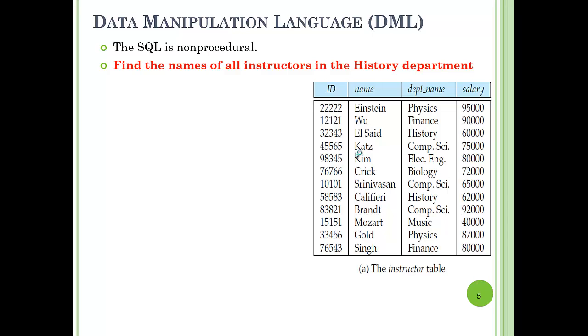Now first we'll see that the relational database is identified by these two languages, that is data manipulation language and data definition language. So first we'll see data manipulation language. Again, data manipulation language is categorized into two types, procedural and non-procedural, that we have already discussed in the database languages.